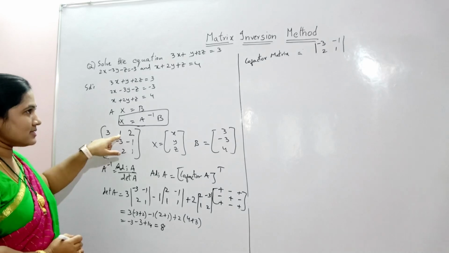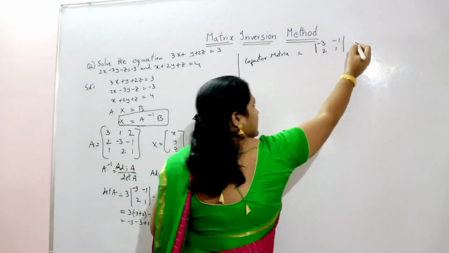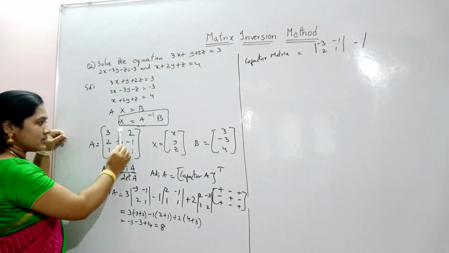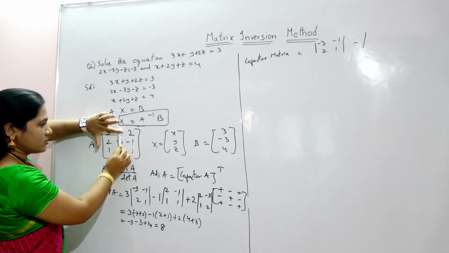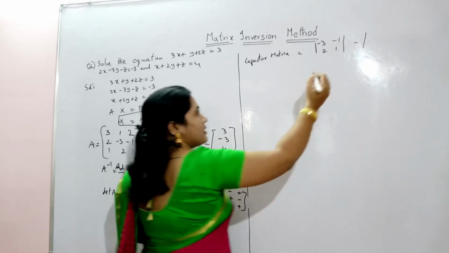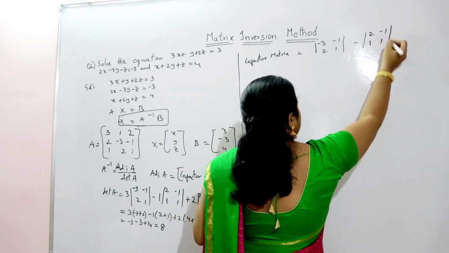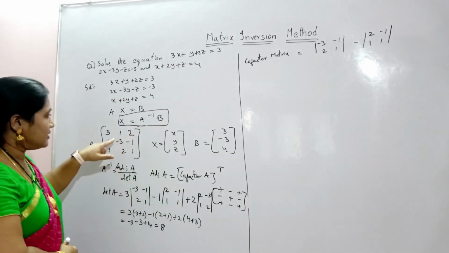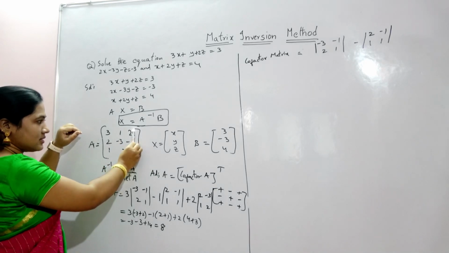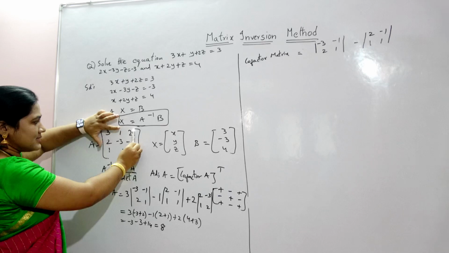The sign is negative, and close the second column and the first row. So 2, -1, 1, 1. And the cofactor for the third element, 2, just close this column and this row. So the remaining elements are 2, -3, 1, 2.